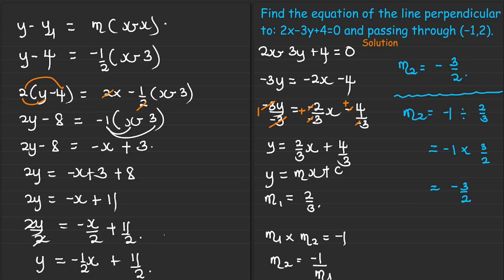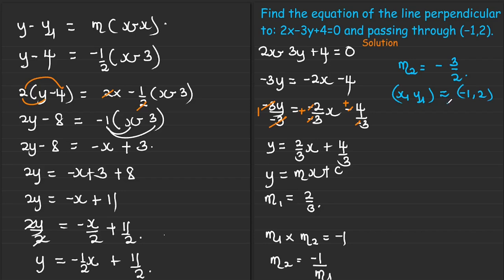So it is easier using the principle than even solving to prove the answer. Hence, we have our gradient being negative 3 over 2.